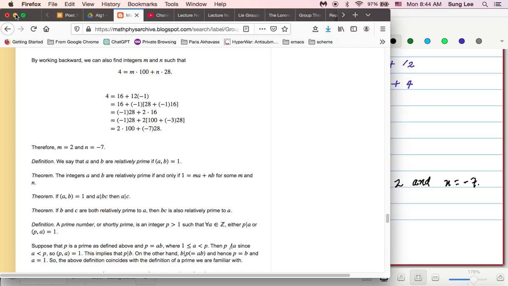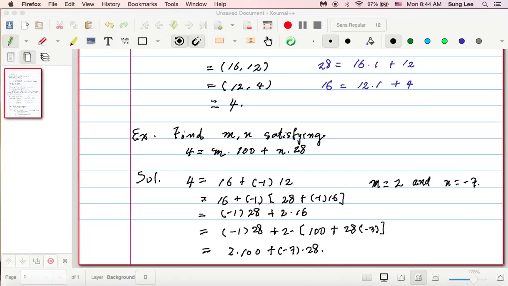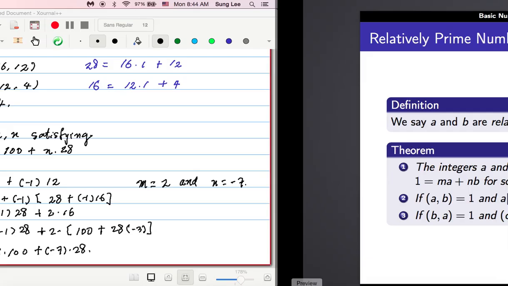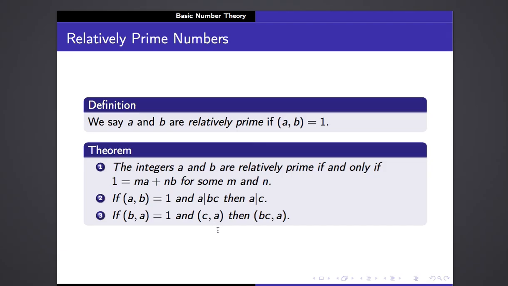So I'm sorry about the confusion. Again, the last statement is supposed to be b and a. If b and a are relatively prime and c and a are relatively prime, then b times c and a are also relatively prime. I'll fix this.